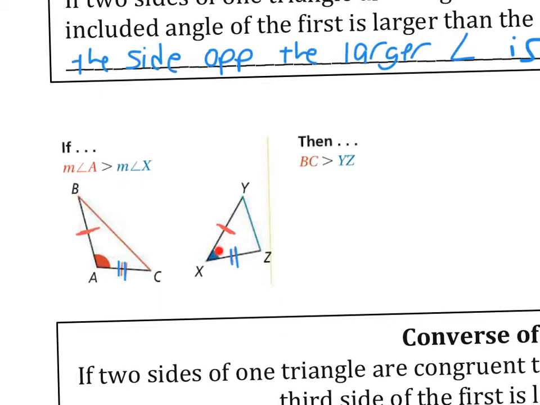And this mouth is open smaller, so it's for the smaller Doritos. So in the end, BC here is greater than YZ there. So what are we looking for? We just have to double check that we have a pair of sides congruent, and then compare the angle to see how that third side works.